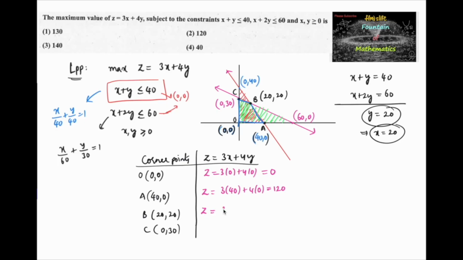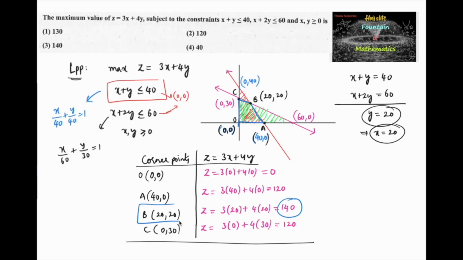And at point B, 3 into 20 plus 4 into 20, which is 140. And at point C, 3 into 0 plus 4 into 30, which is equal to 120. And here we can say that the maximum is 140 at the point B 20 comma 20. So among the four options, option C is the answer.